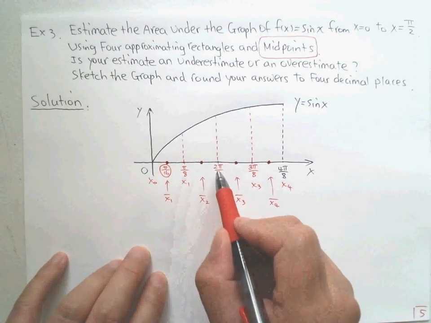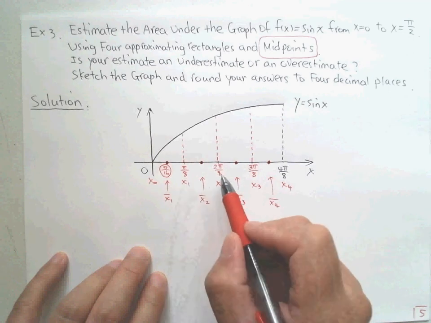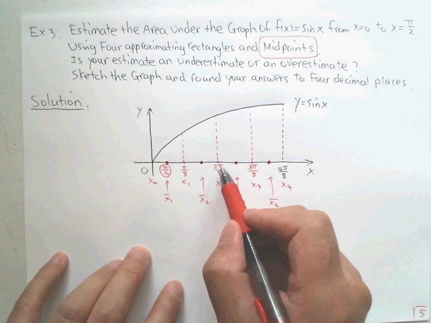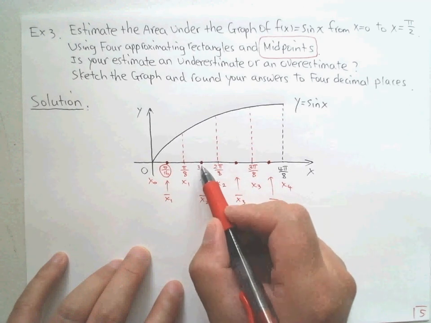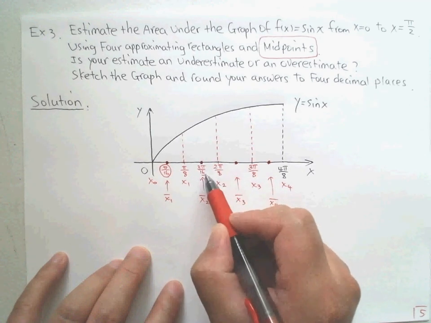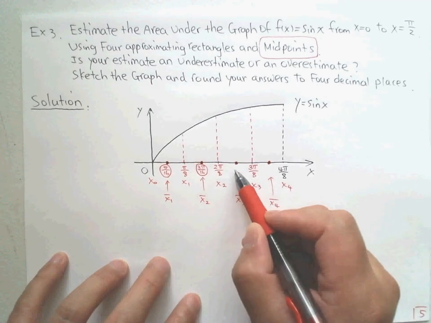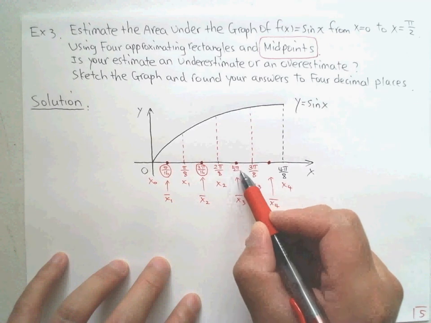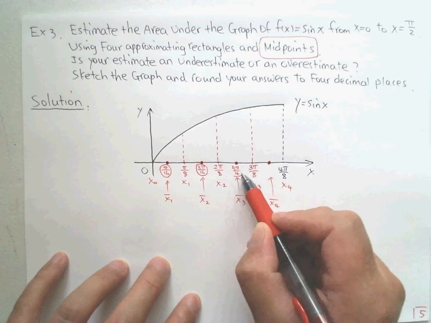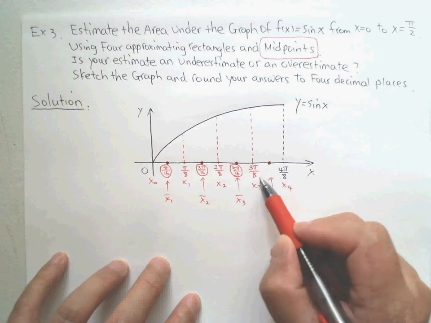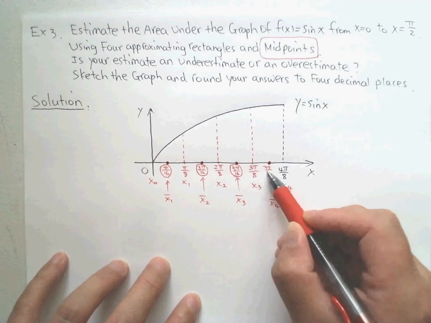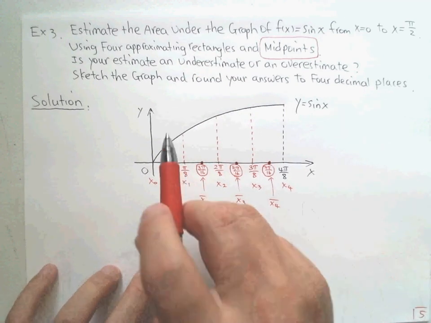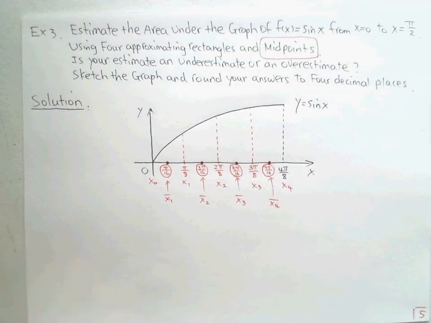The second, x1 and x2, the average: add this together, pi over 8 plus pi over 4 is 3 pi over 8, divided by 2 is 3 pi over 16. The same for the third: 2 plus 3 is 5, so it's 5 pi over 16. The last one is 7 pi over 16. Okay. Easy to find the middle points, and then we can draw the graph.